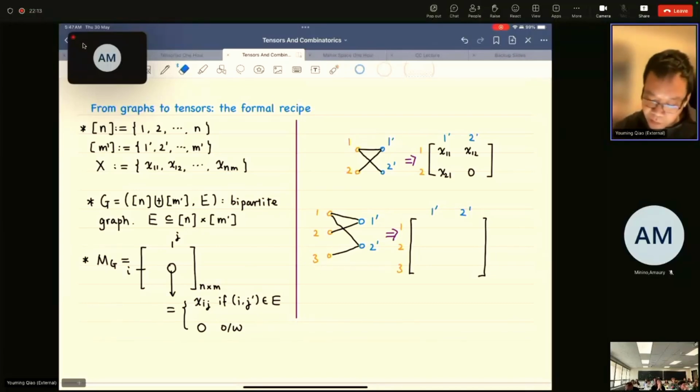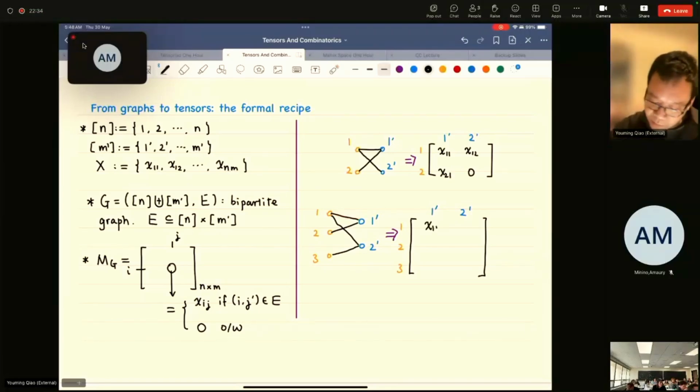So for example, this is a bipartite graph with 3 vertices on the left, 2 vertices on the right, and we are going to put the variables and zeros on this matrix. For example, 1, 1 prime, because there is an edge, you write x11. And for 1, 2 prime, you see that there is an edge, so you put x12. And for 2, 1 prime, you put x21 because there is an edge between 2 and 1 prime.